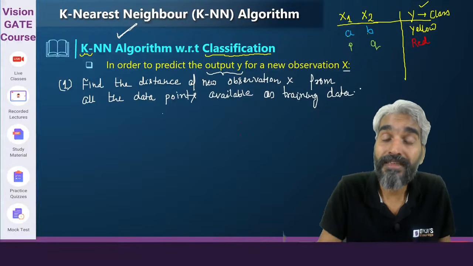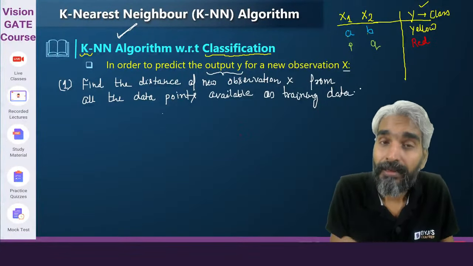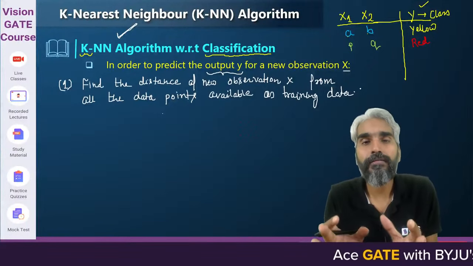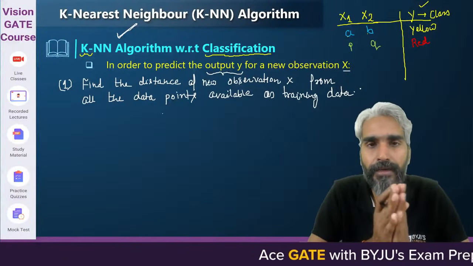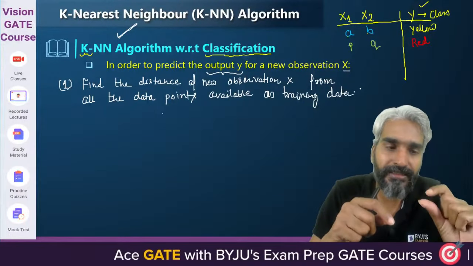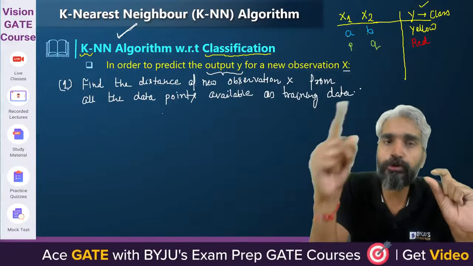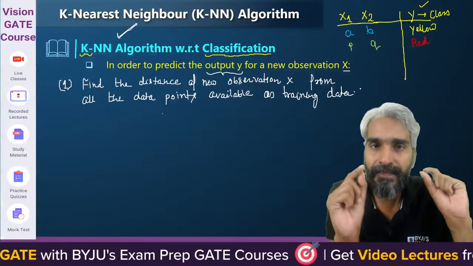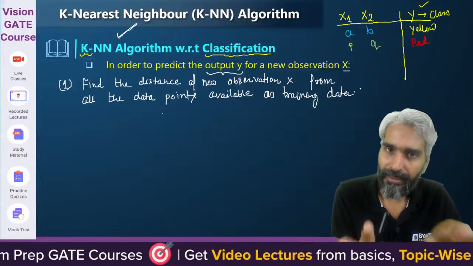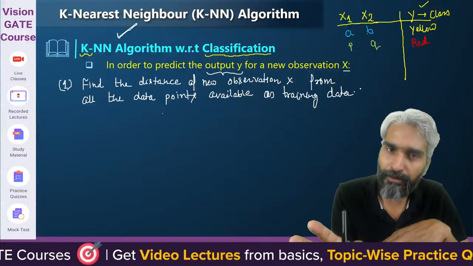Now, sir, that's the worrisome thing. If there are 100 points or 1 lakh observations in the data set, then for a new input you will have to calculate the distance of that new input from all those 1 lakh points. Getting the problem? It is easy to implement, but it does not mean that it will be efficient.